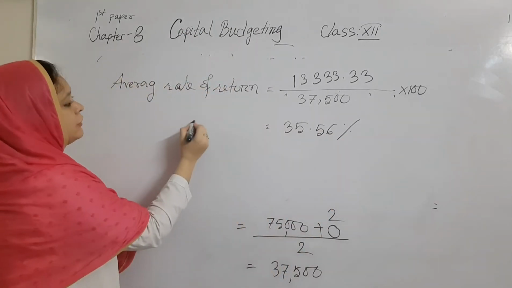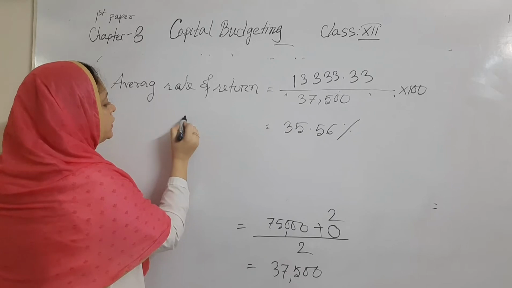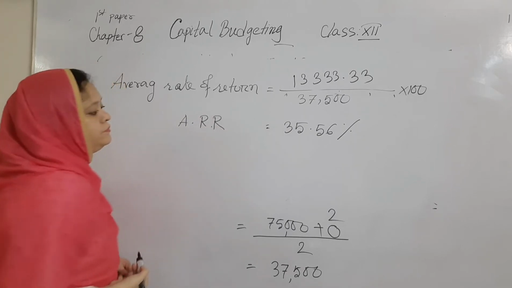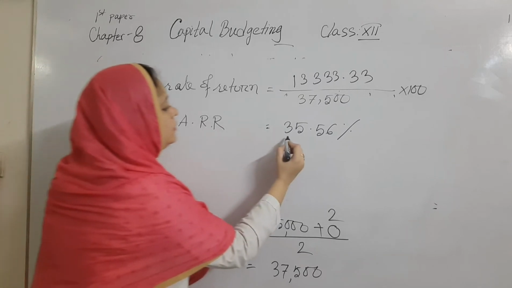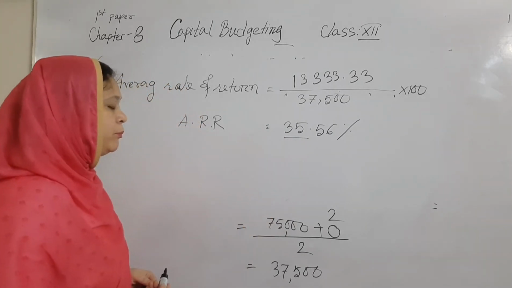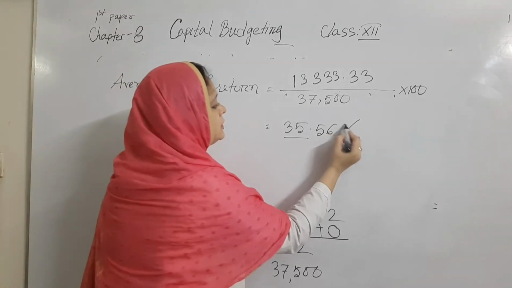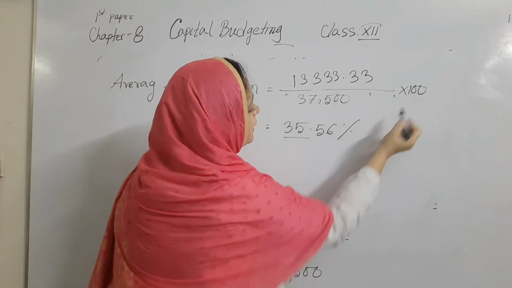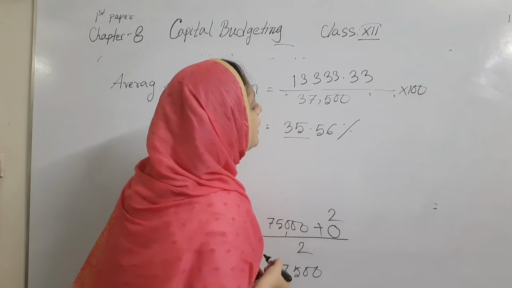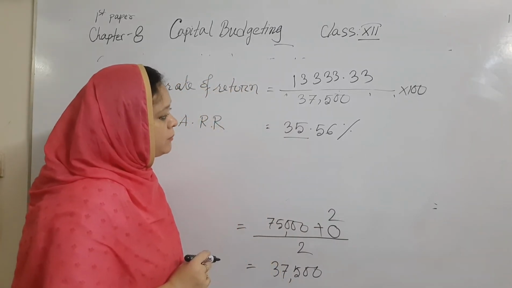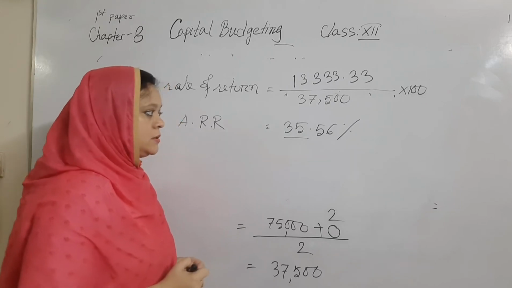This is the average rate of return. We can shortly write it ARR. So ARR is 35.56%. Obviously percentage, because I multiplied the result by 100.